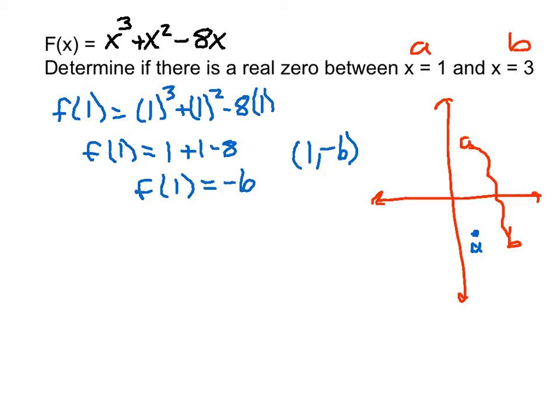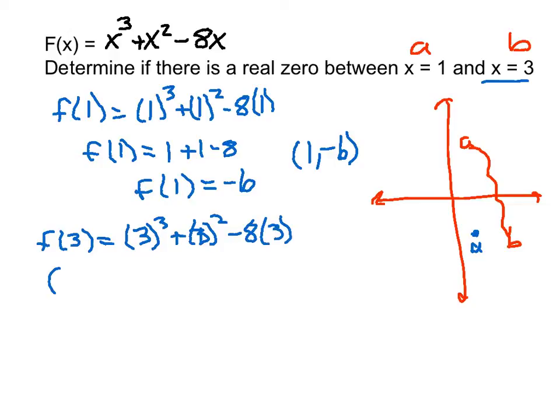Okay, so now that we have our A there in blue, let's figure out where our other point is. Let's plug in x equal to 3. So our function, when we plug in 3, will be equal to 3 to the third power plus 3 squared minus 8 times 3. We're plugging in 3 for x.